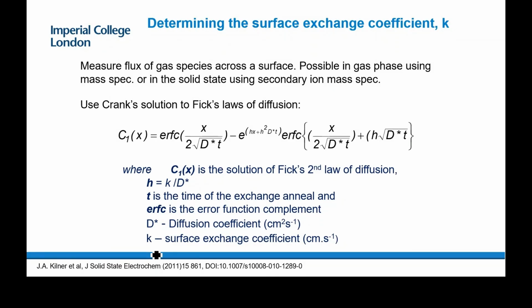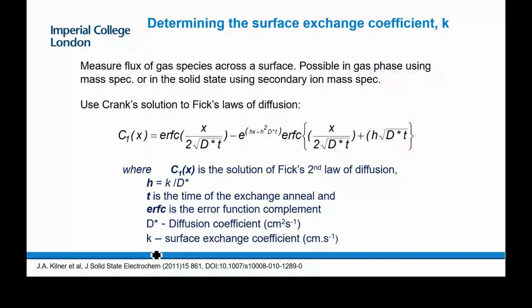And because you're measuring it in an isotopically enriched environment, it's unambiguous. Because the only species that you have present in your gas atmosphere is your labeled isotope. There's no other contaminants. So you know that you're getting just that transport species.